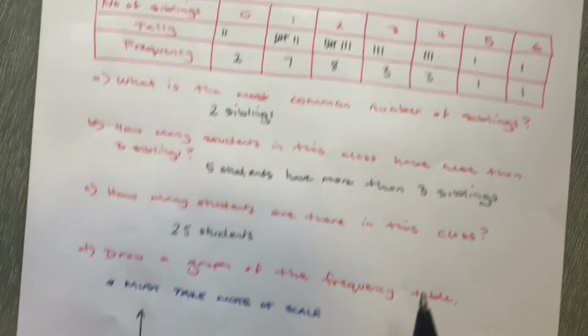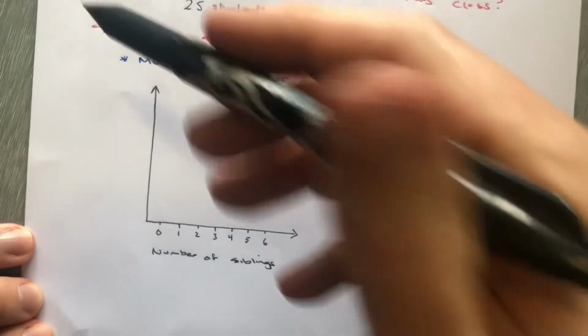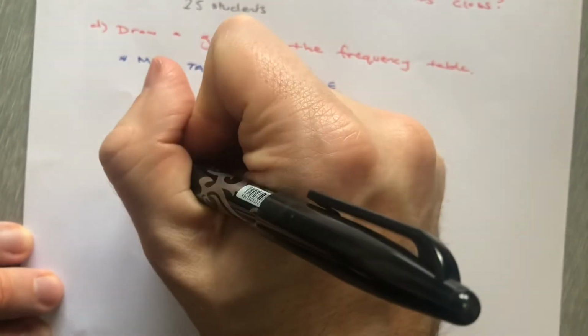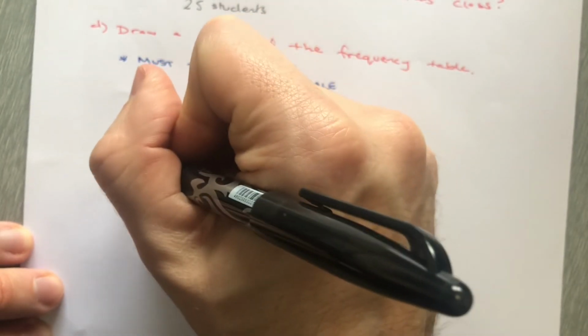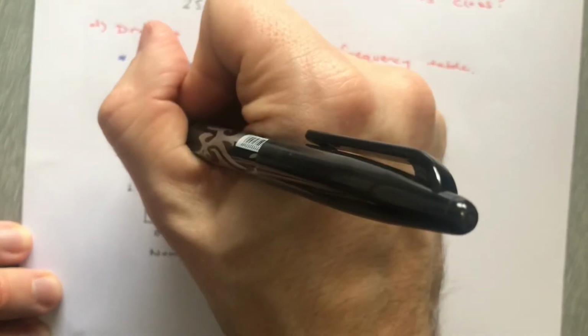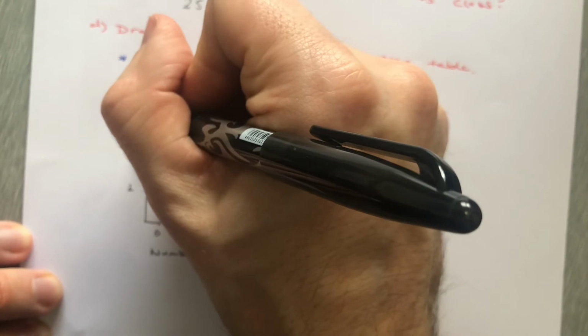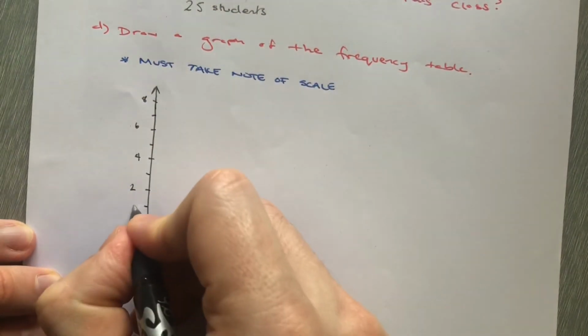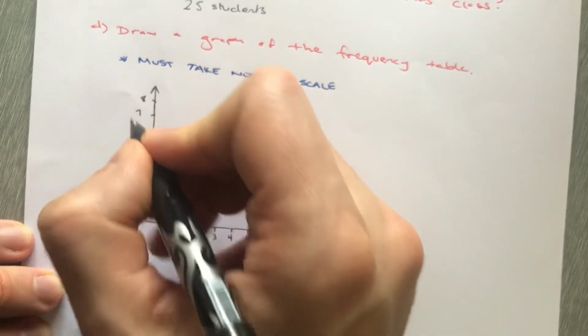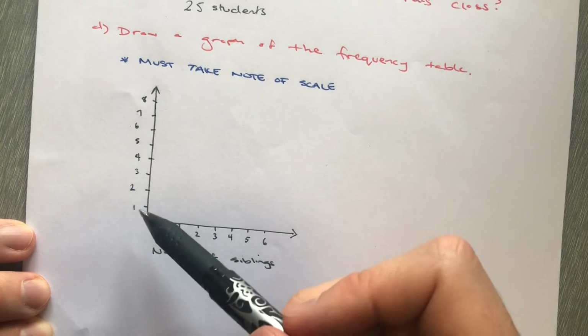So let me go up here. 8's going to be our highest, which means halfway is about there, which is 4. Half of that is 2. So that means this one's going to be 6. Then that will be 1, that will be 3, 5, 7. See how we've got all the way up to 8 now?